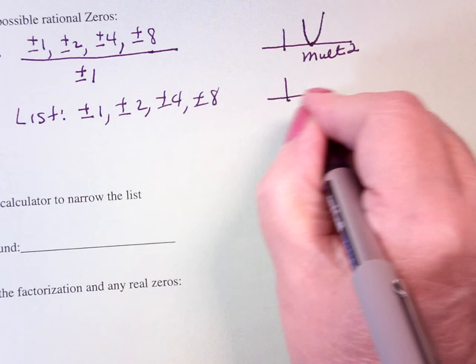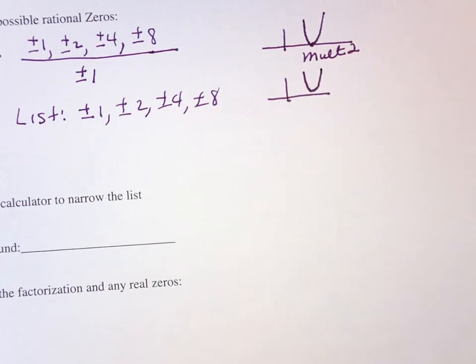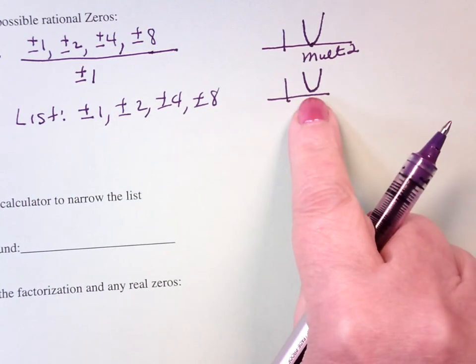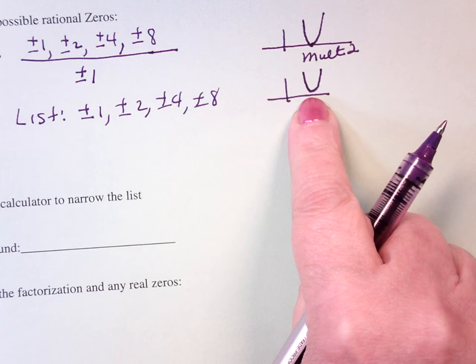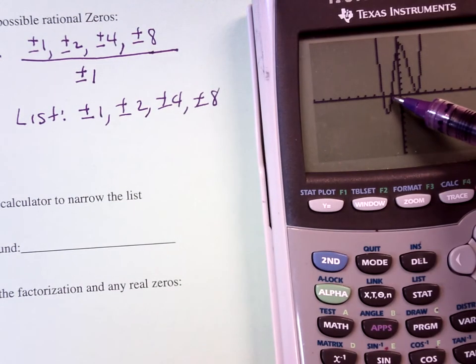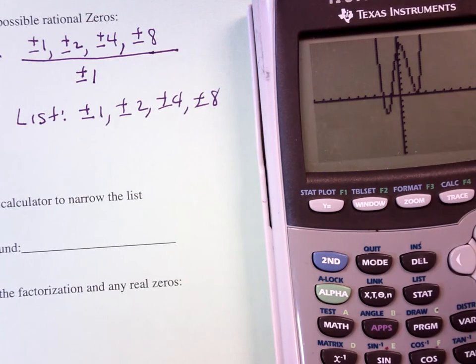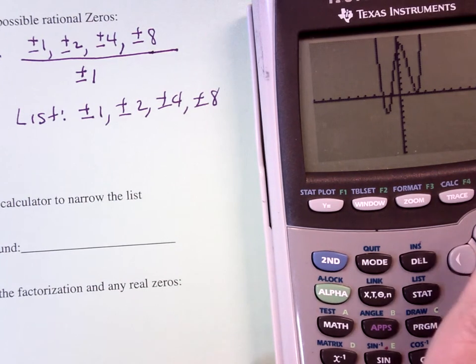Or does it come down and look like it touches, but not quite? Now that would mean the other 2 zeros are imaginary. It's got zeros, but they're imaginary. Well, why? Because I've got 1, I have 2, I need 4. If this doesn't touch, I still have 2 more, and those 2 more will be imaginary, more than likely.